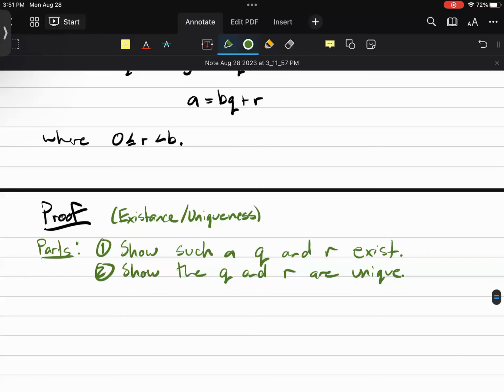One, knowing just that A and B are integers with B greater than 0, I can find such a Q and R, so A is equal to B times Q plus R. And then, once I have the existence of such numbers, Q and R, show that they are the only ones. There are not multiple options for me to choose.